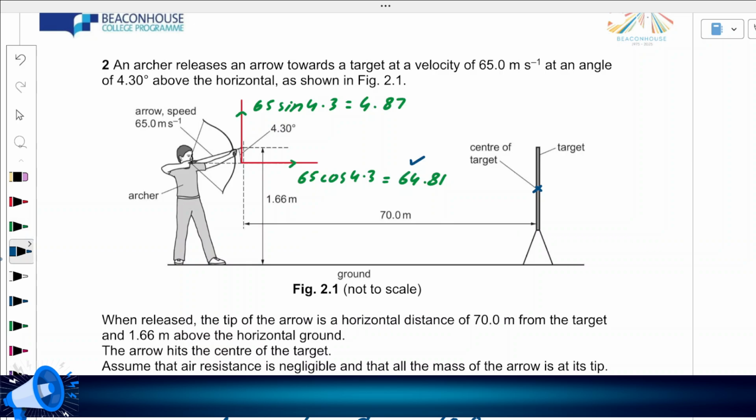If somehow we can find this vertical displacement, then we can subtract that from the total of 1.66, and then we can find the height from the ground. This one we can find afterwards, but first we need to find this value. So this is the displacement that would be covered by the projectile along the y-axis.